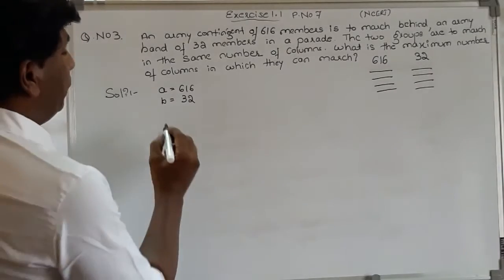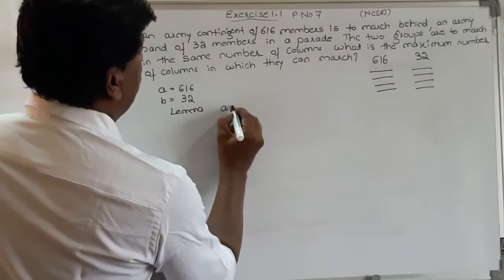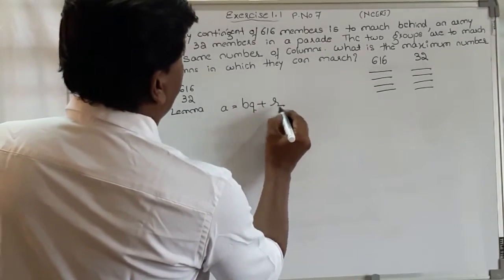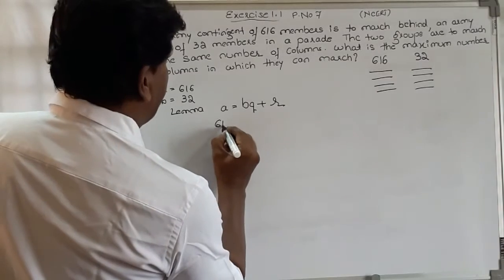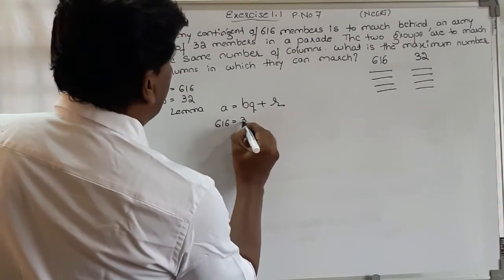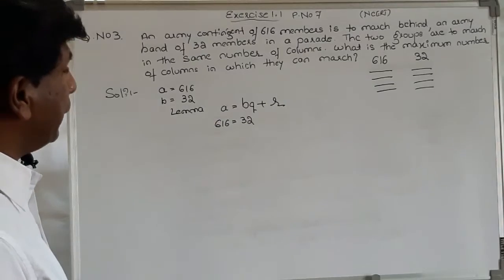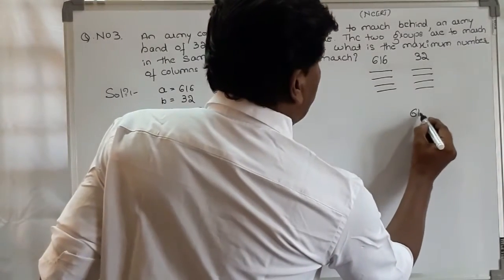Now we have to apply the lemma: A is equal to B into Q plus R. Here A is 616, B is 32, and Q we have to find. So let us go to long division.